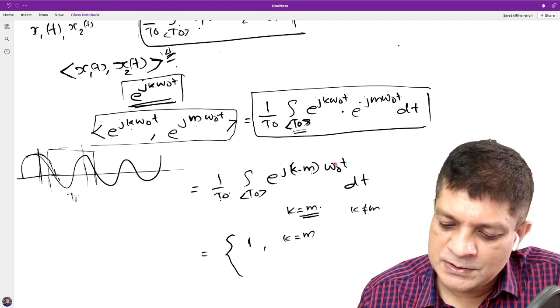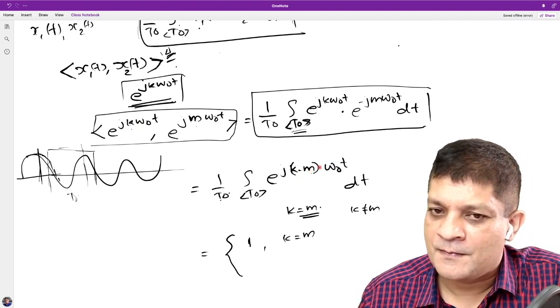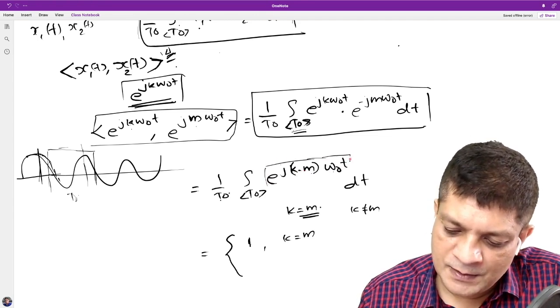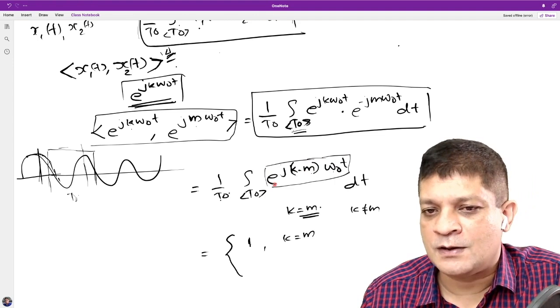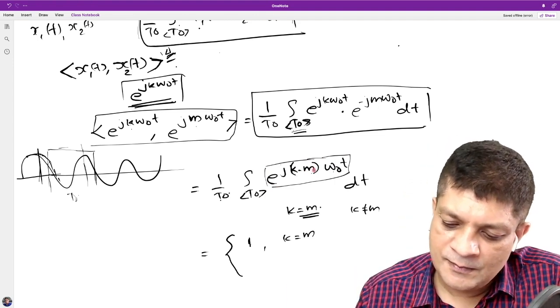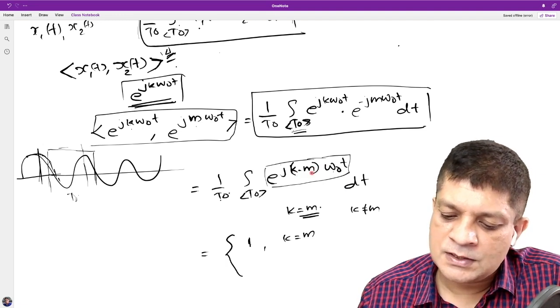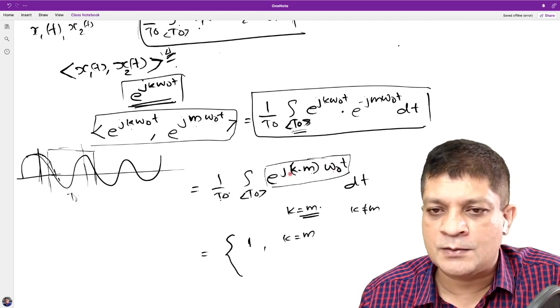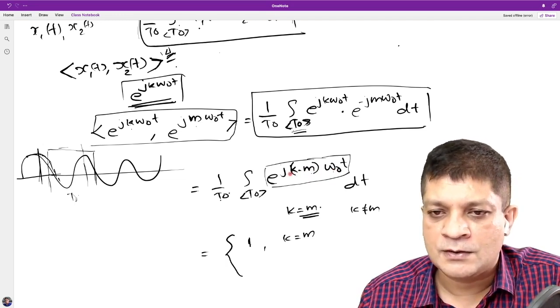So what is the frequency of this signal? I am asking about the frequency of this complex exponential. It is (k minus m) times omega naught.